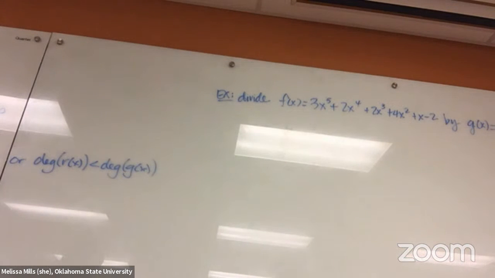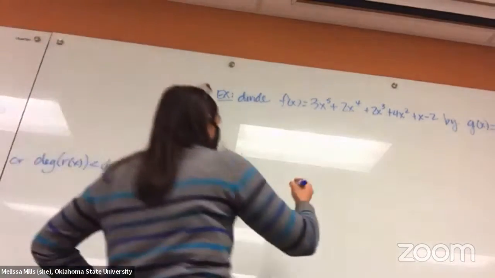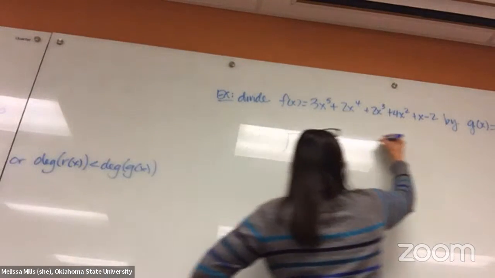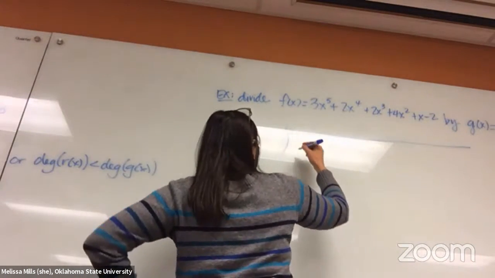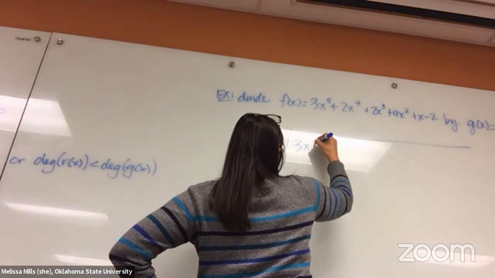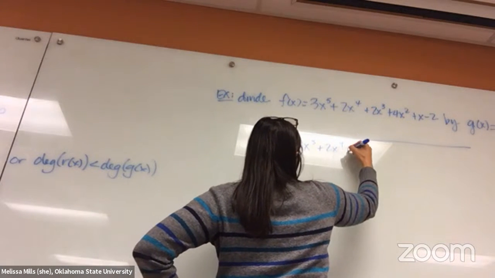All right. So if you remember doing this, put your division symbol here. So we've got 3x to the 5th plus 2x to the 4th.